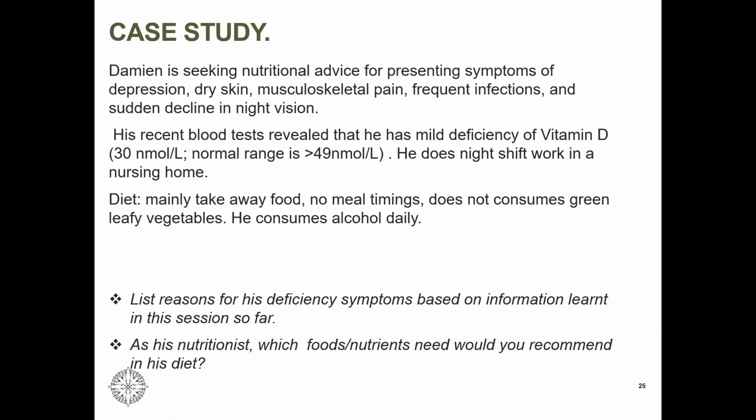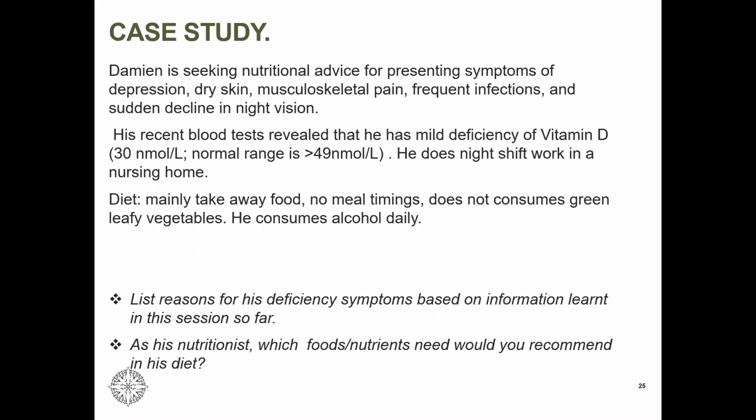So before we go on break, just spending 2-3 minutes on this case study. Have a read and then reflect on the absorption pathways that we have just gone through and the cofactors that we have learned today.